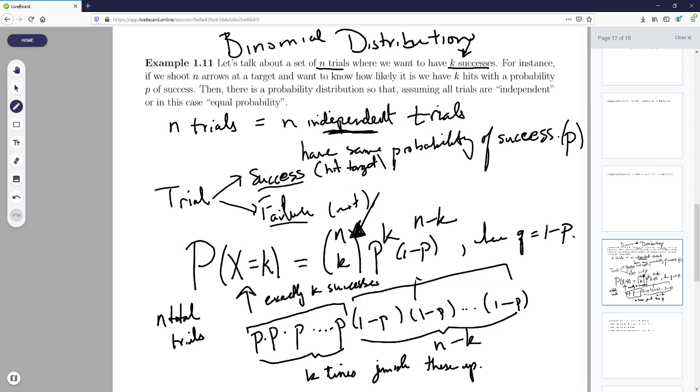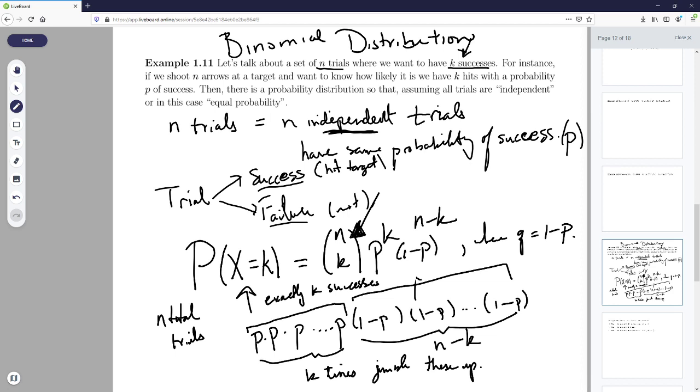And then I've said, but wait, there's more. Because if I multiply P together K times and 1 minus P n minus K times, that is the probability of getting, for instance, K successes and then n minus K failures in that order, right?